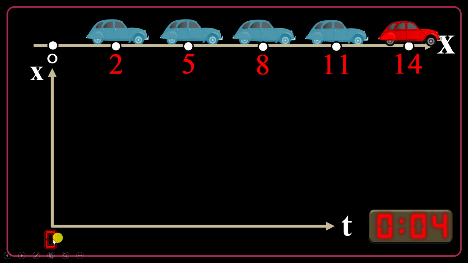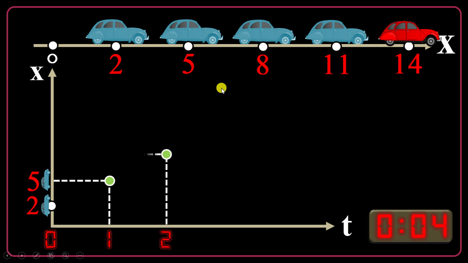At the beginning, at t equals 0, you know that the object has been at x equals 2. And then for the next time, t equals 1, the car has been at x equals 5. Then we continue for t equals 2, in which I find the car at x equals 8.